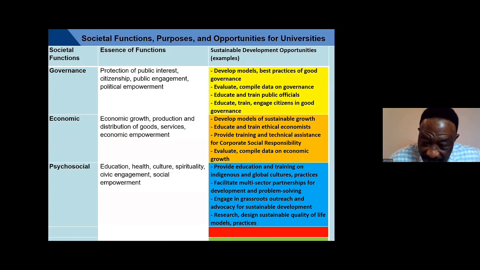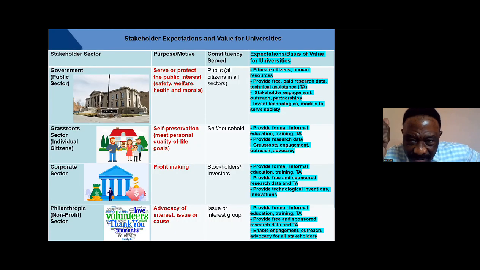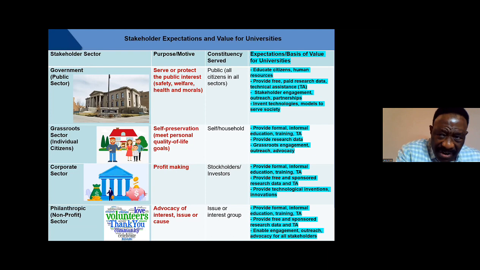All right, now just quickly, please pay attention to the last column when you get hold of the slides. Universities are respected, are considered credible, depending on how we deliver the expectations of the various stakeholders. For government, if we are not providing quality education, if we are not engaging stakeholders, if we are not inventing technologies that can serve society, then we have no credibility with the public sector.